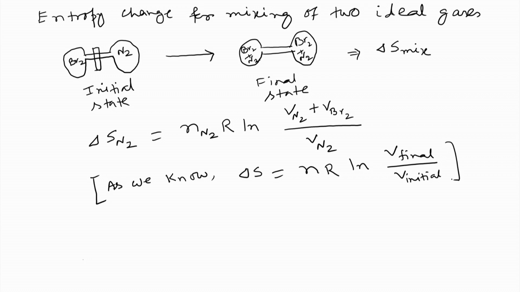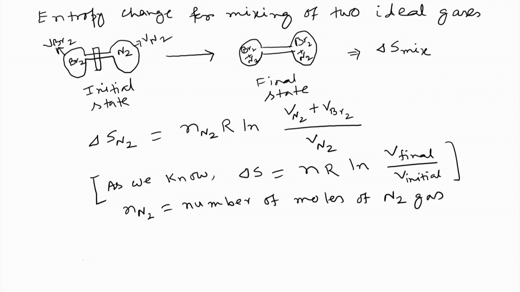We already discussed that. Okay. Here V N2 is the volume of this container, and V Br2 is the volume of this container. Okay. And N N2 is the number of moles of N2 gas. So, this is the entropy change for nitrogen gas.